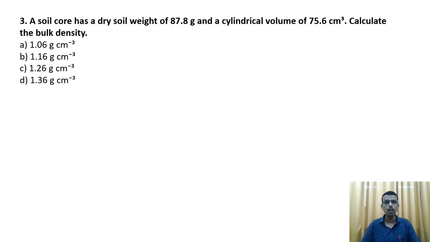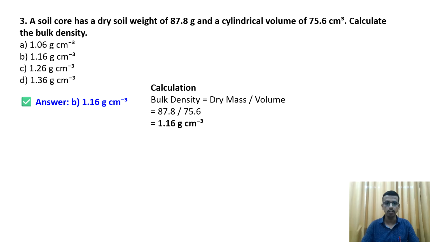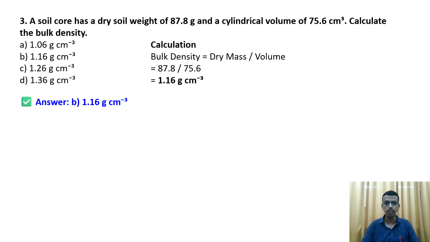A soil core has a dry soil weight of 87.8 gram and a cylindrical volume of 75.6, calculate the bulk density. Now we need to know the formula of bulk density. Bulk density is equal to the mass of oven dried soil divided by the total volume of the soil, including the pore space. The answer is 1.16 gram per cc. How to calculate? Oven dry weight of the soil, 87.8, that is the dry mass, divided by the total volume 75.6.